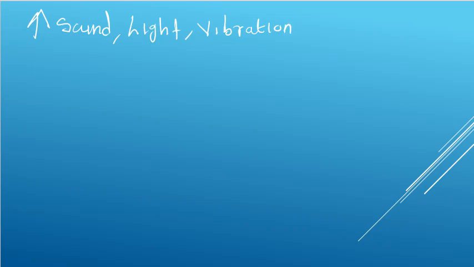So the Doppler effect is simply all about the increasing sound, light, or vibration frequency.